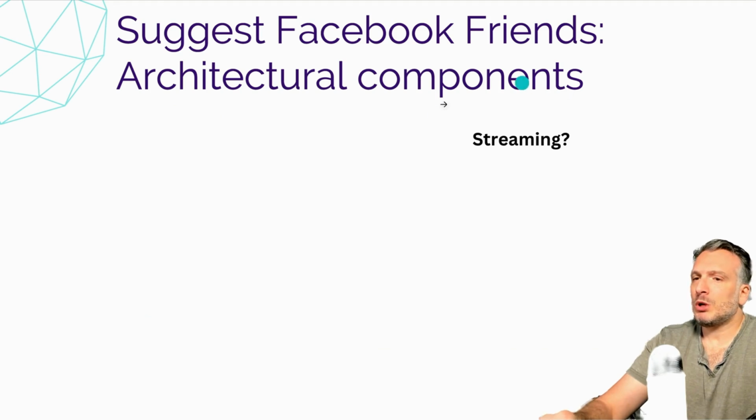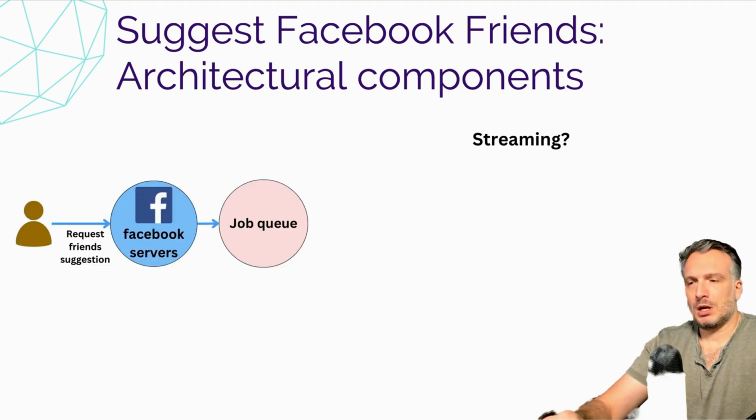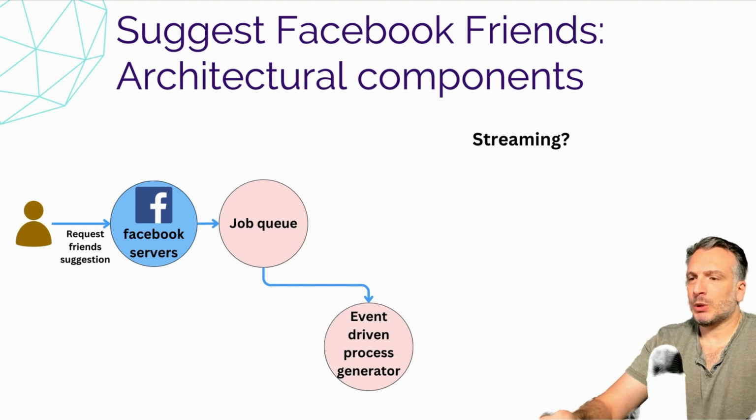So what if we were to build everything in a streaming manner? A streaming process is like a delayed real-time process. There's some event on the Facebook website, when the user is interacting with the website, that generates a friend suggestion request. That request is put in a queue, and then passed on to an orchestrator.